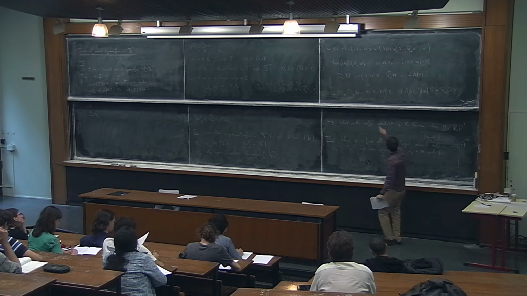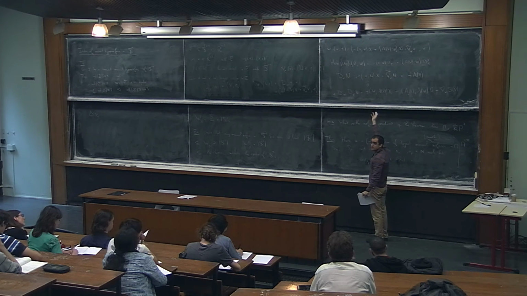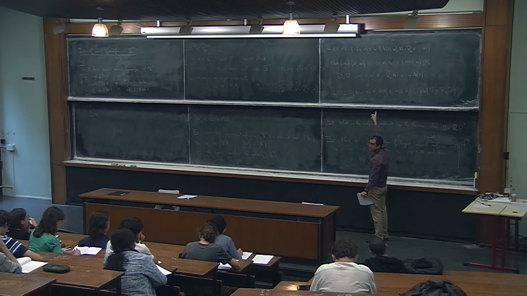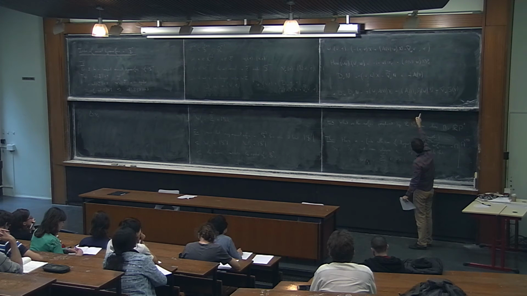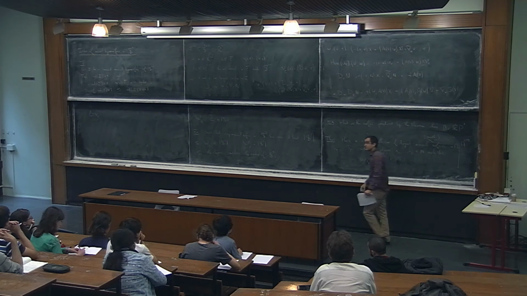So first here you see the trace of A. The hypersurface is minimal, so the trace of A is equal to 0. You have a second term, and what appears is in fact the square norm of A when you take the trace.